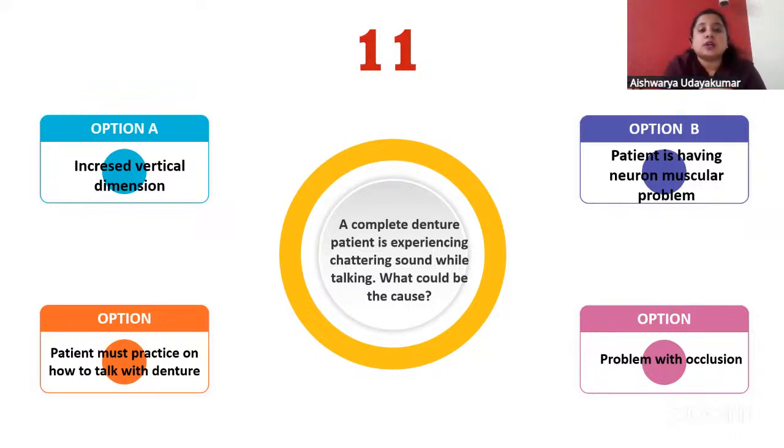A chattering sound occurs when there is increased vertical dimension. What is vertical dimension? If we provide the patient with an extended vertical dimension, the patient has a very stretched face, and the denture's teeth will keep on hitting when the patient is talking.